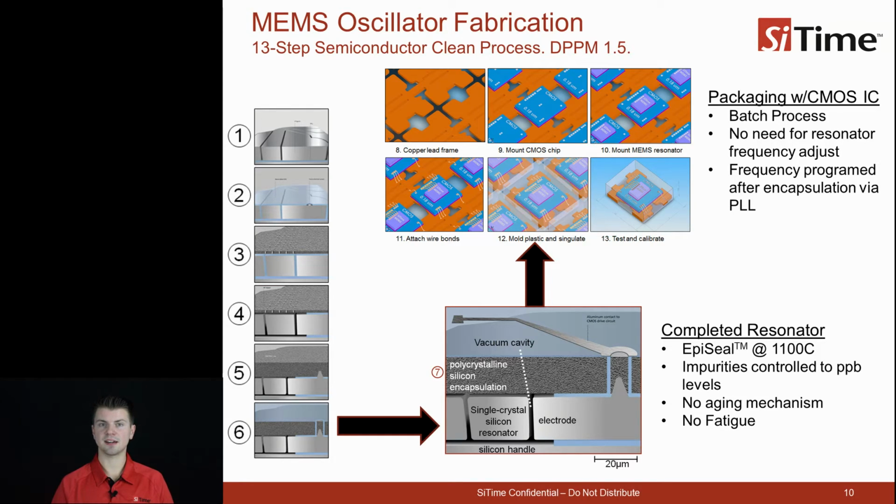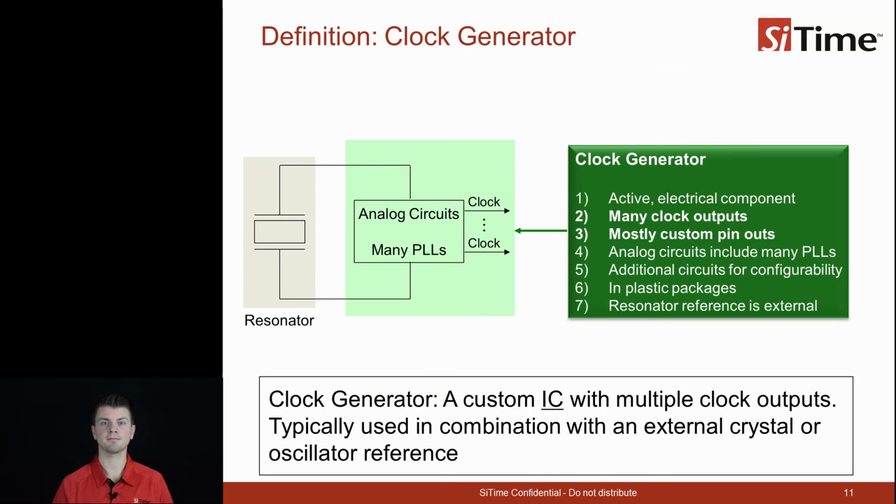The MEMS resonator is encapsulated at the wafer level and vacuum sealed using the SiTime EpiSeal process, which makes the resonator structure impervious to outside contamination. As a result of this ultra-clean process and wafer level EpiSeal, the DPPM is only 1.5 and there have been no field failures attributable to the MEMS resonator.